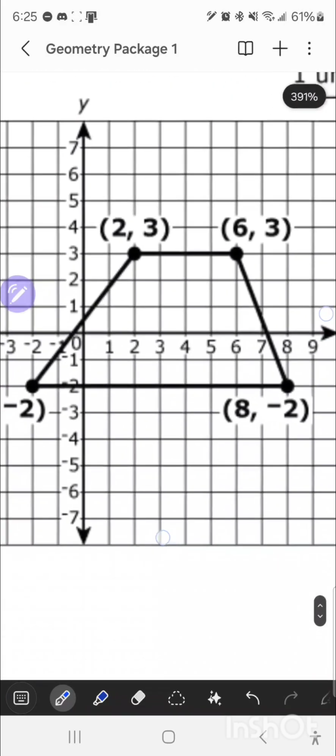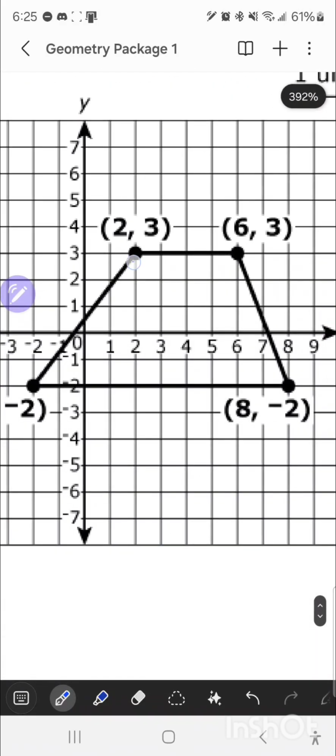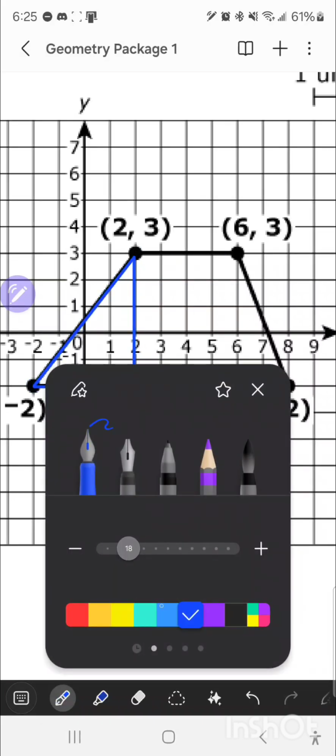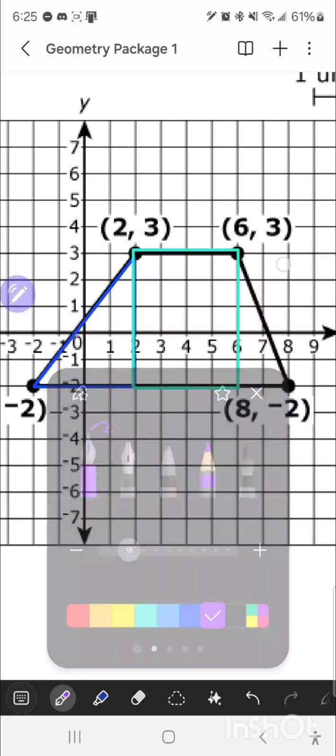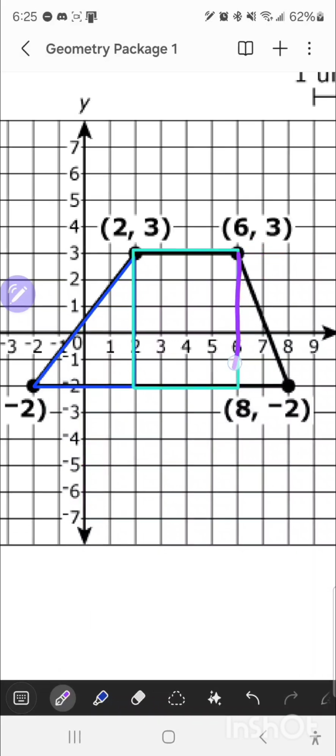We can see this figure and we can say, okay, this right here is a triangle. I know my formula to calculate a triangle. Right here is a rectangle, and I know the formula for the area of a rectangle. And this right here is another triangle.